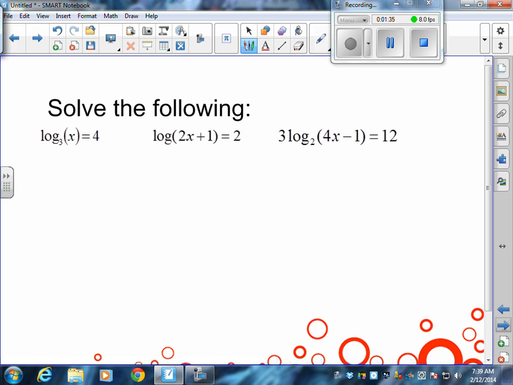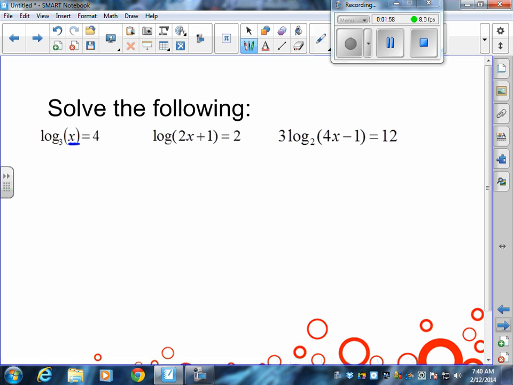So now we're going to actually solve some problems involving those. You may want a calculator, so if you don't have one handy, you might want to pause the video and get one. So say we've got log base 3 of x equals 4, and my x is inside of the log base 3. Well, to get rid of log base 3, the inverse of a log is an exponential. So the inverse of log base 3 is 3 to the.